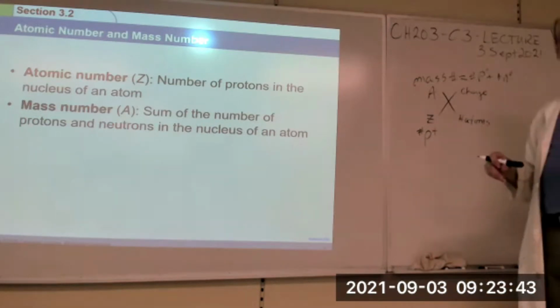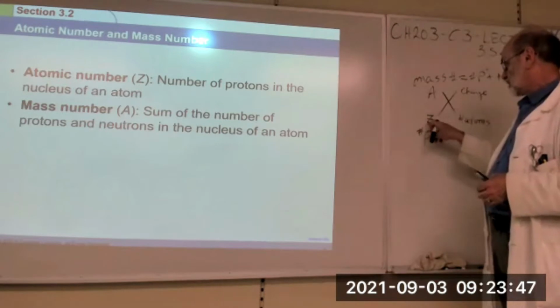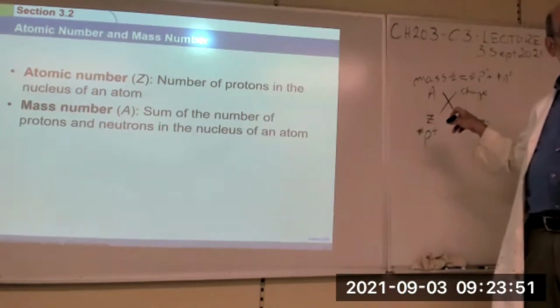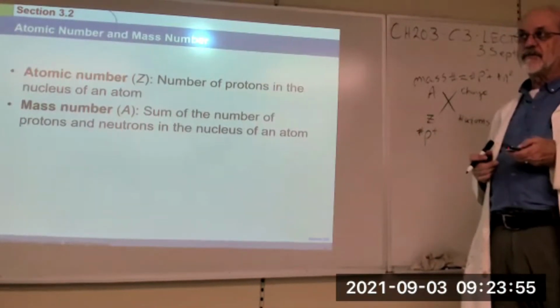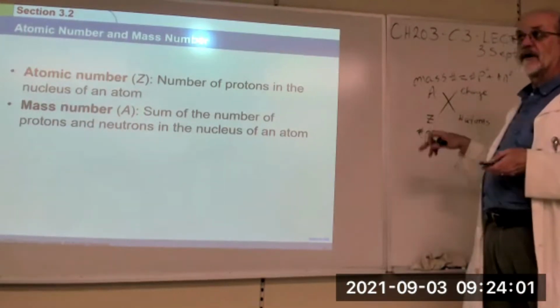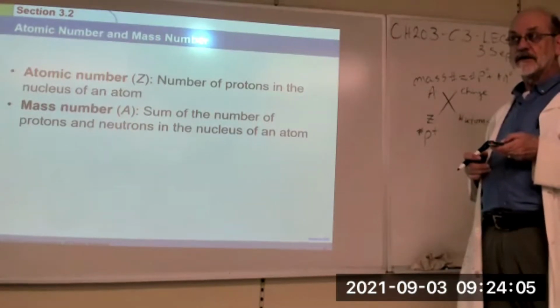Another thing to remember, if it's not obvious to you already, if you know the number of protons, you can find the element. I mean, they're joined at the hip. Just look up the Z number, this atomic number, it's the number of protons, and it's always a different element.